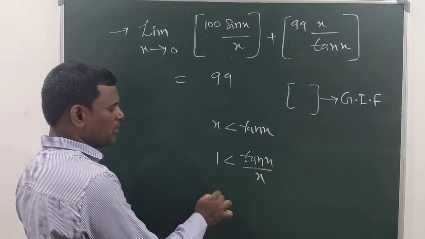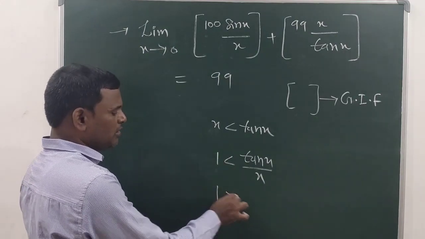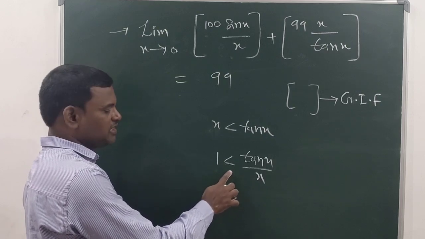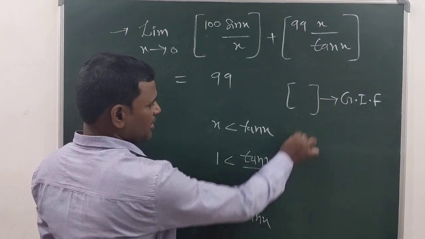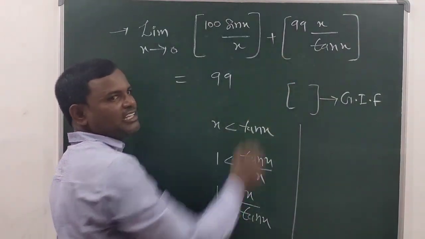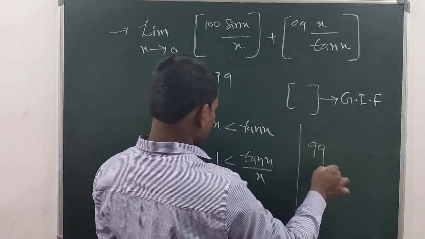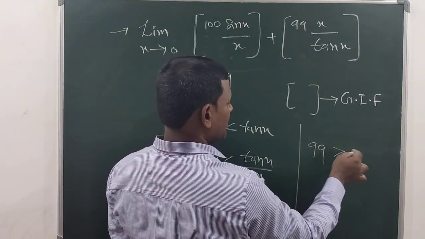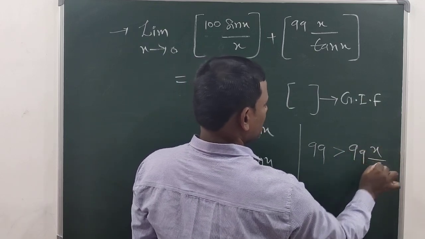When you take the reciprocal, the inequality sign will change. One is greater than x by tan x. Now before x by tan x, 99 is there. Now multiply both sides by 99: 99 greater than 99x by tan x.